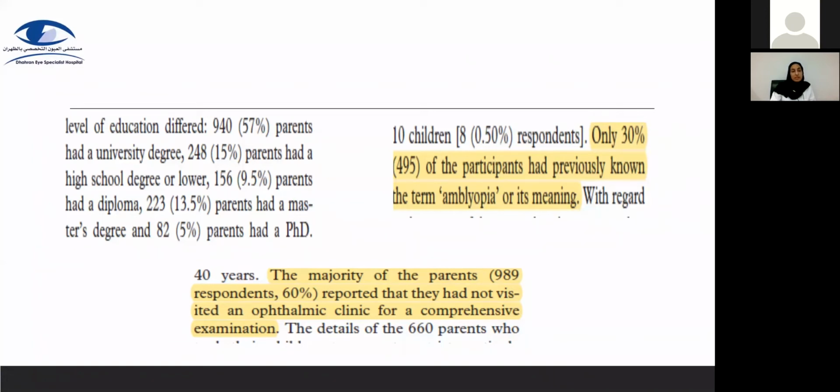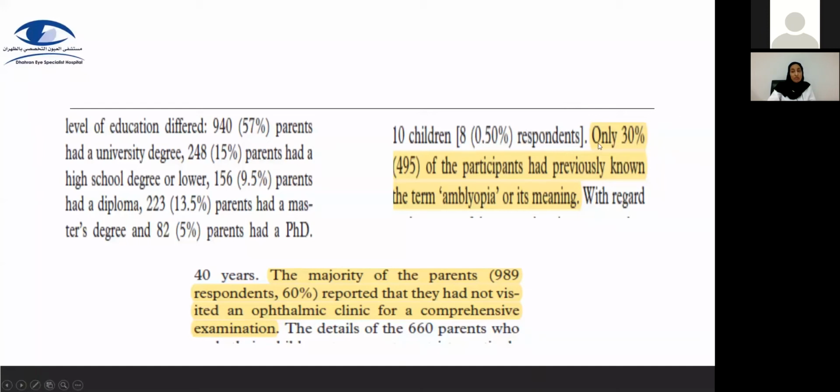As you can see, the majority of the parents had a higher education degree, a university degree. Only 15% had a high school degree or lower. The remaining had either a diploma, master's, or a PhD. Yet, 70% of those participants did not hear the term amblyopia and had no clue what amblyopia is.